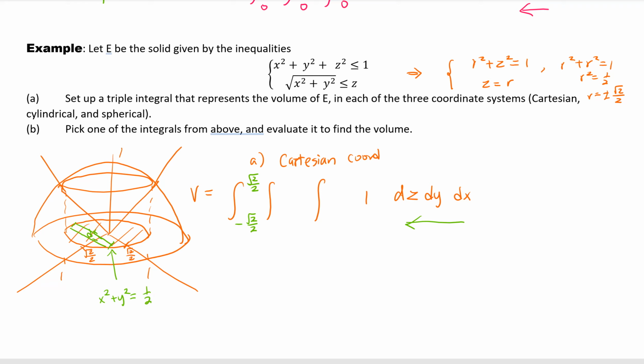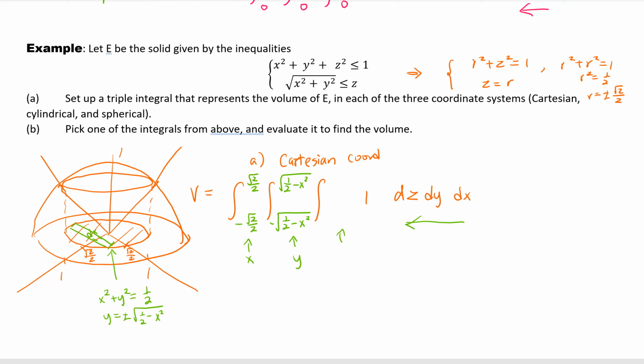When we solve for y, y equals plus or minus the square root of 1/2 minus x squared. So the top one is the positive square root of 1/2 minus x squared, and the bottom is the negative. That is the y. Okay, this is the x, this is the y.